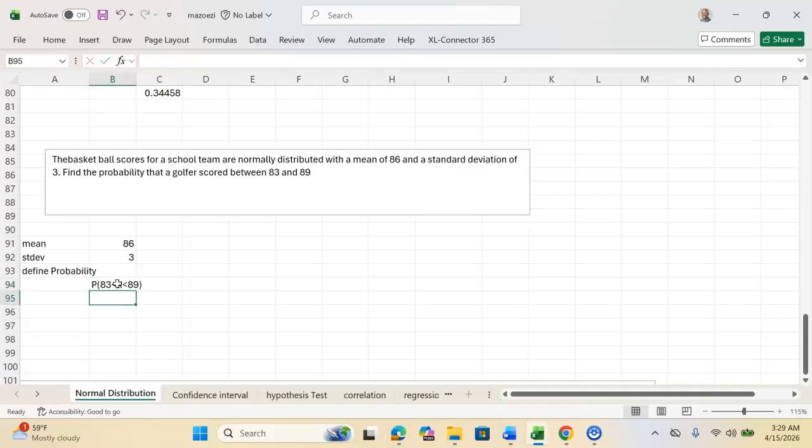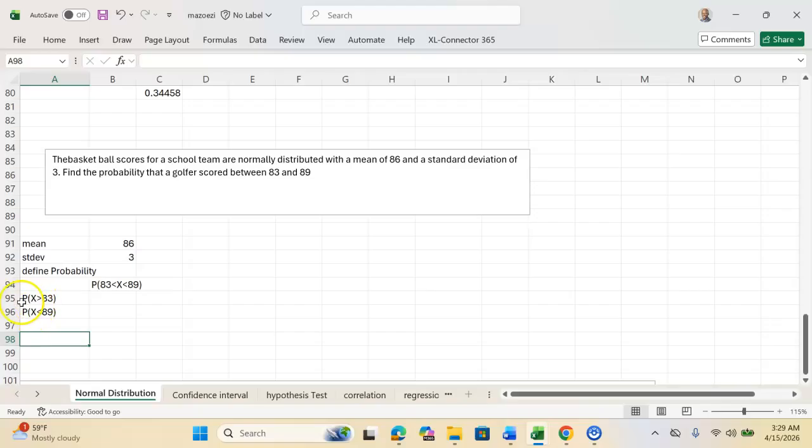To find the probability of in between, first of all, we need to define the probability of x such that x is greater than 83. That's the first one. And in the second one, we have the probability of x such that x is less than 89.